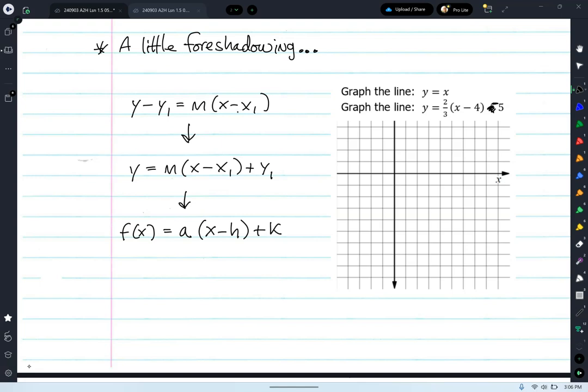X minus h plus k. Now, I'm going to tell you this. A, in this case, controls the slope of the line.